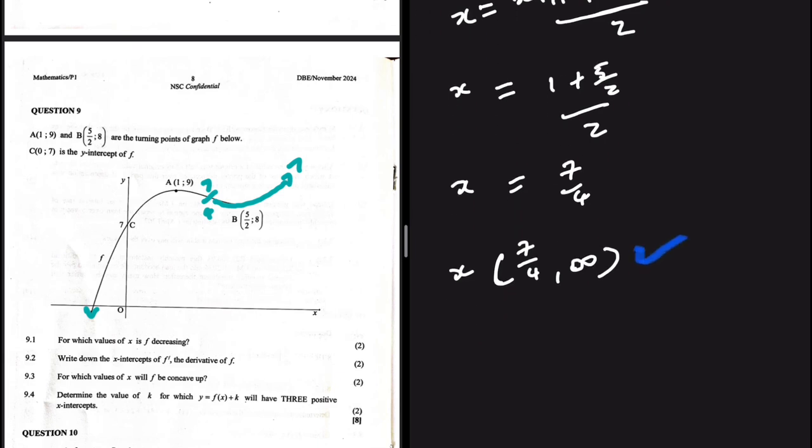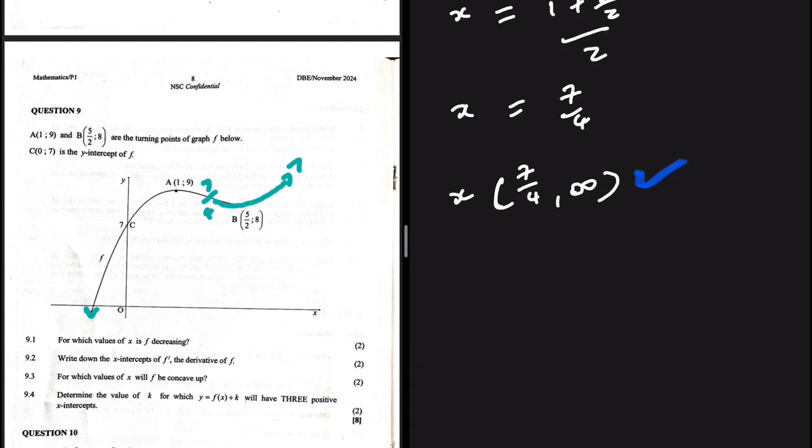And then it is concave down from 7 over 4 down until negative infinity. Okay, but at 7 over 4, it is neither concave up nor concave down. It's confused. It does not know what it is. It cannot identify as one between the two. That is 9.3.